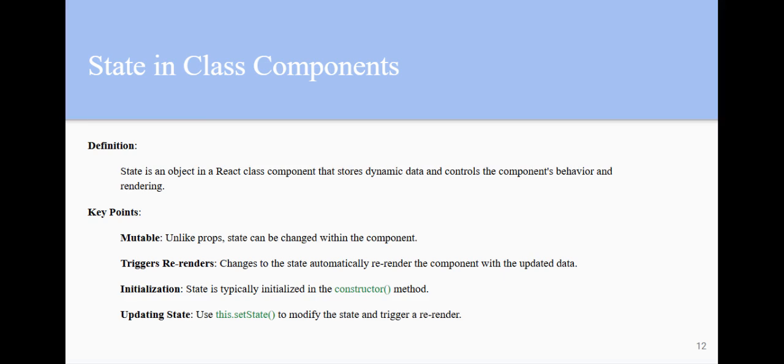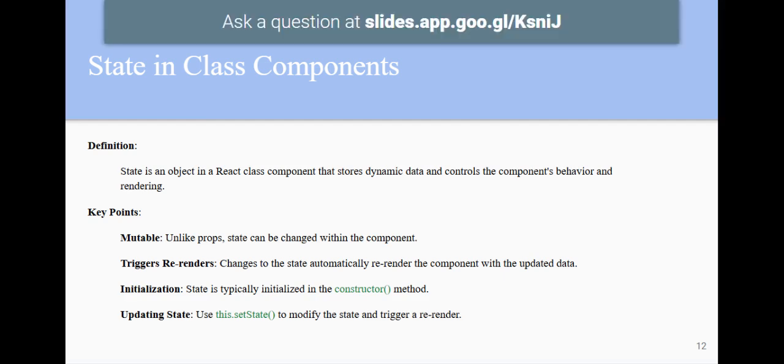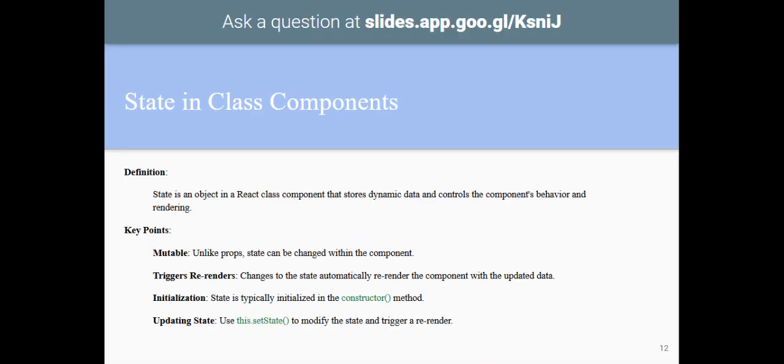State is typically initialized inside the constructor method, which is called when the component is created. Updating state. To update the state in a class component, we use the this.setState method. This method not only updates the state but also triggers a re-render of the component to reflect the changes.